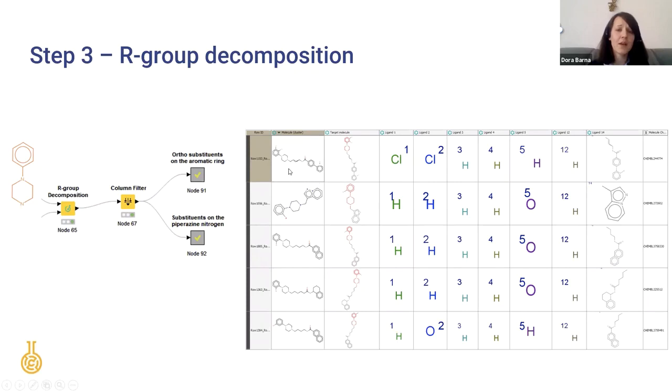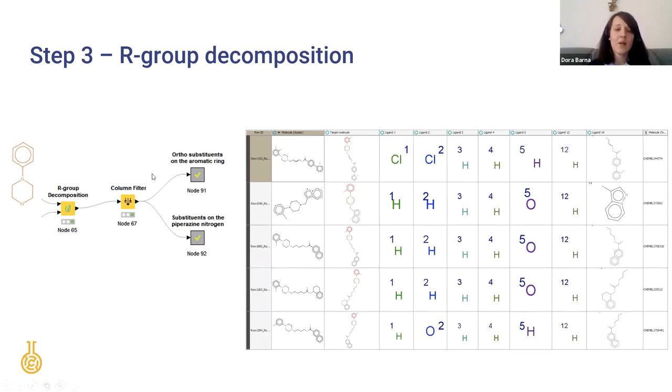And as a result of this analysis, we can get some information about which positions we should functionalize in the upcoming library enumeration set.